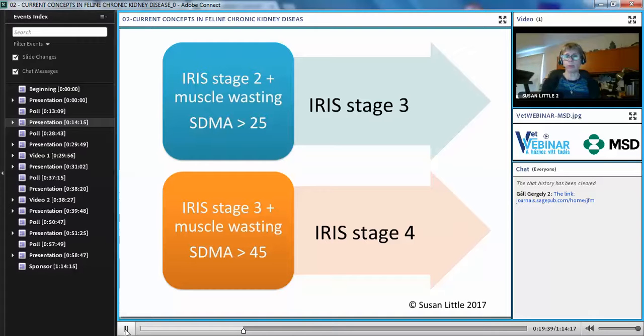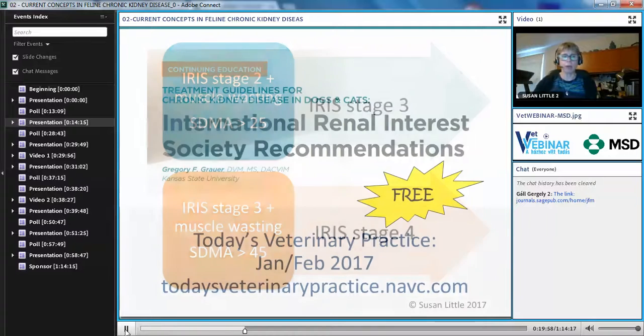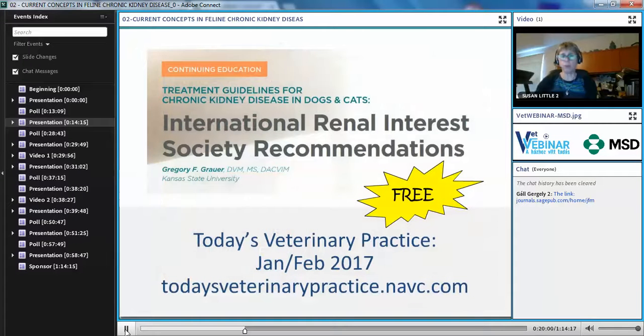And similarly, if we have a patient in IRIS stage 3 based on serum creatinine, but the cat has muscle wasting and the SDMA is over 45, then we would actually move that cat into IRIS stage 4. So it will give us a better estimate of where the cat stands if we look at SDMA in the muscle-wasted cats and adjust their stage of disease.